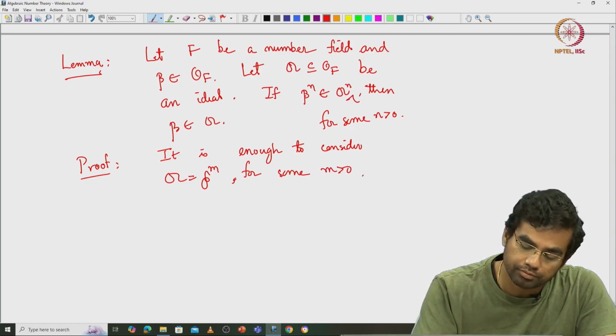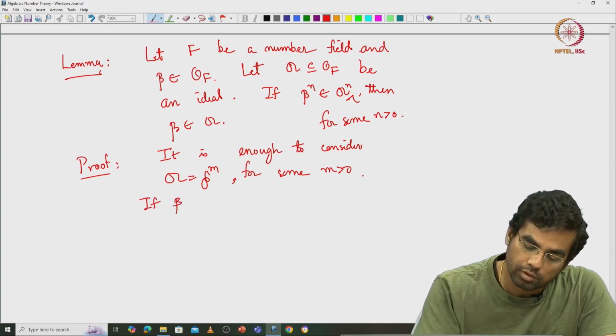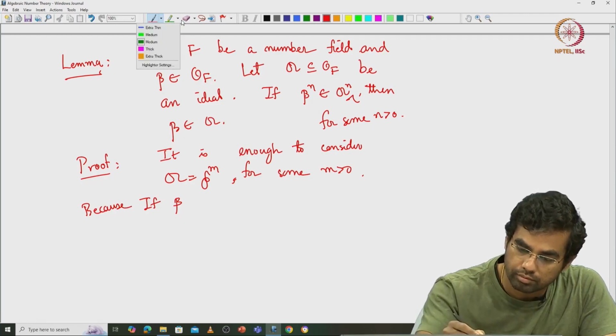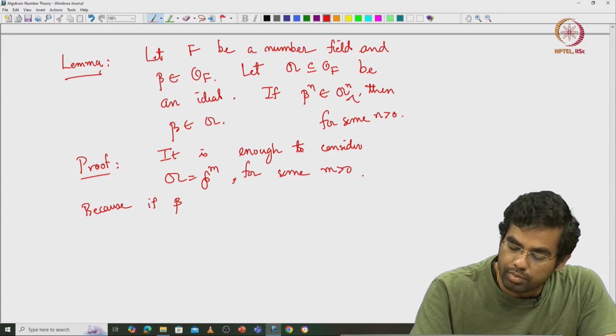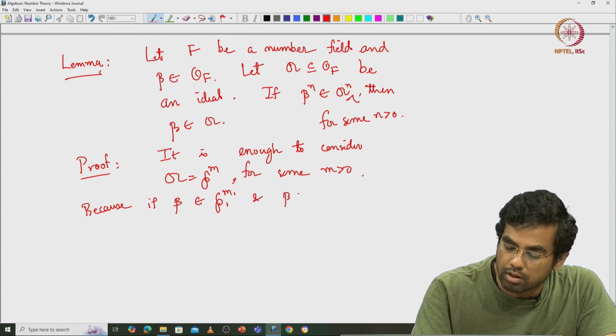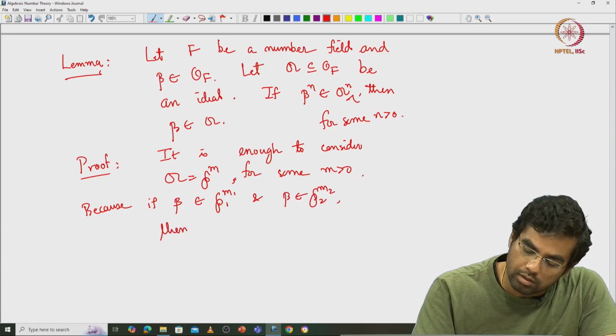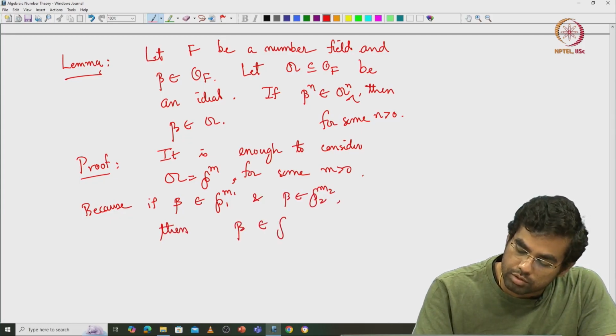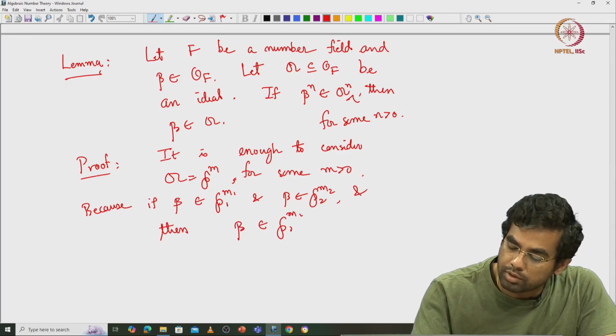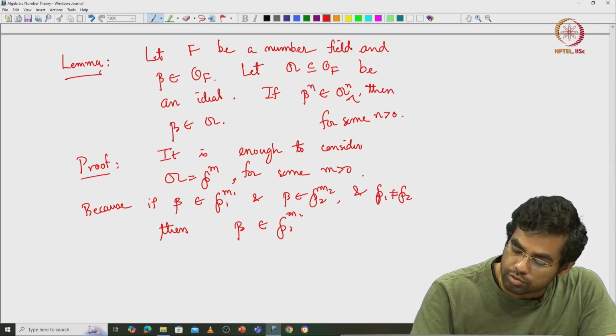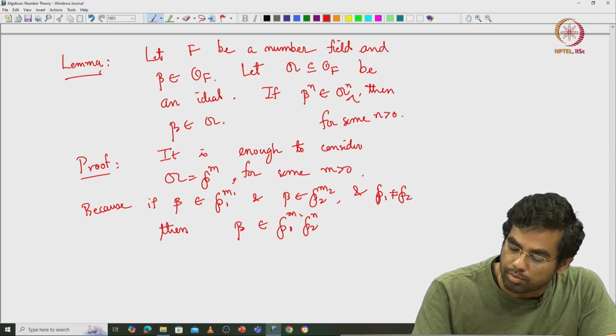Because if beta belongs to P1 to the power m1 and beta belongs to P2 to the power m2, where P1 and P2 are distinct, then it also belongs to P1 to the power m1 times P2 to the power m2, right.